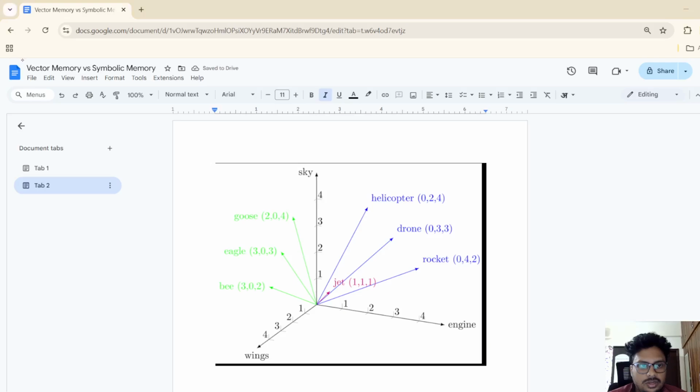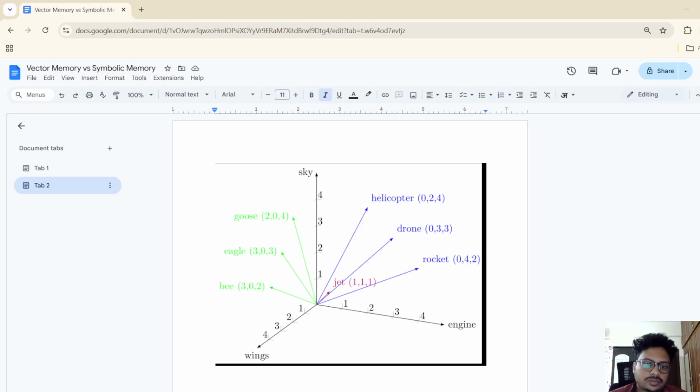Suppose we take this one, and you can see this is helicopter, this is drone, and here some numbers are given. You can see helicopter 0.24, drone 0.33, and rocket 0.42, which are very close. Rocket can fly, drone also.